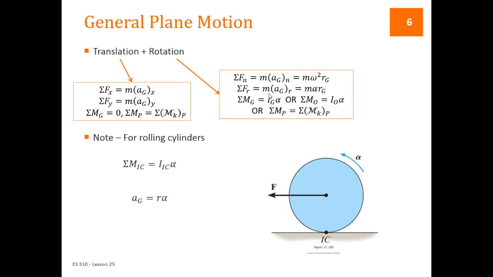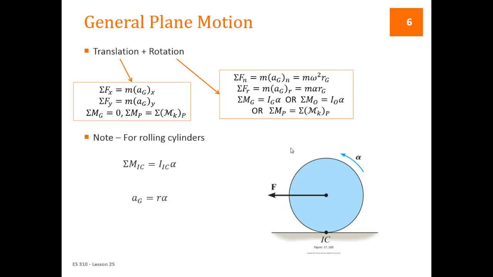And then we have the rotation equations, which have our sum of forces in directions equal to mass times accelerations in those directions. And then we have the moment equations, giving that the moment around either G or O is equal to the moment of inertia around that point times alpha.